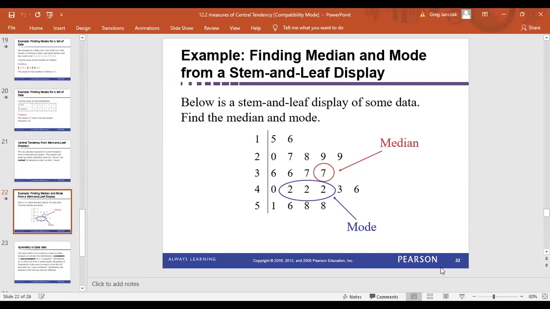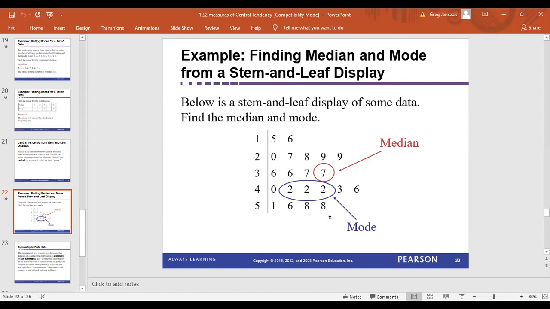And the median would be, here you've got 1, 2, 3, 4, 5, 6, 7, 8, 9, 10, 11, 12, 13, 14, 15, 16, 17, 18, 19, 20, 21. So you take 21 plus 1, divided by 2, so you've got 21 items.